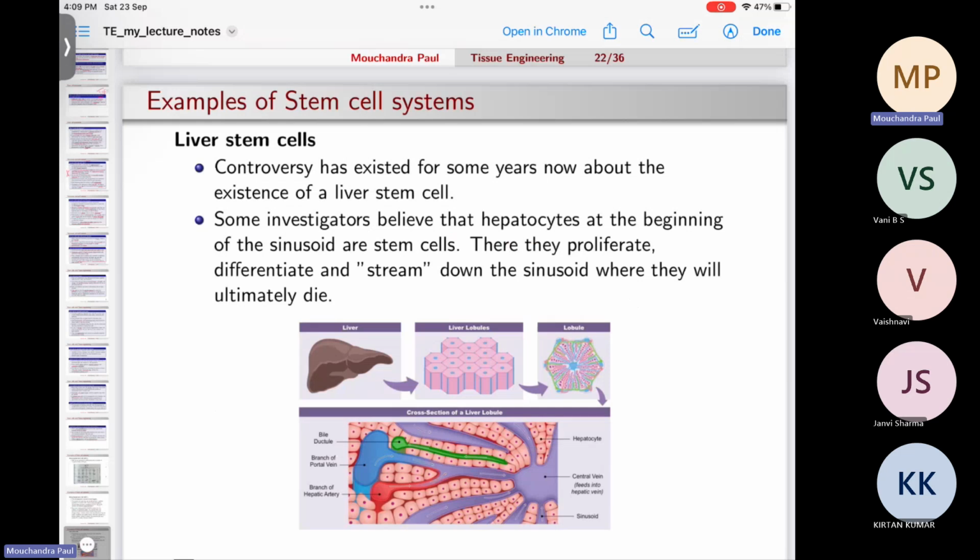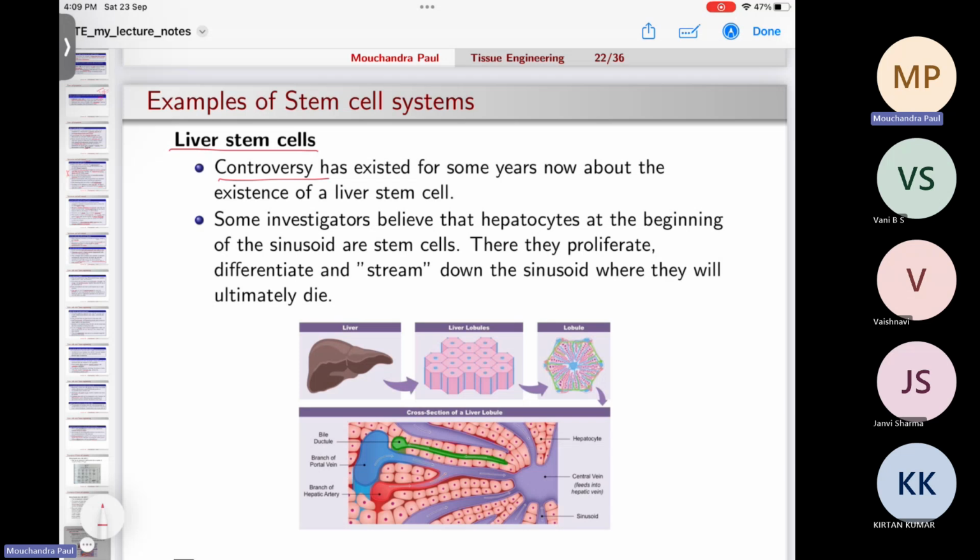Now in the liver also, people have found a stem cell population that is called the liver stem cell. Now the existence of this stem cell is controversial. Many researchers do not believe they exist, whereas some believe they exist. And how they function, there is also a conflict of opinion.